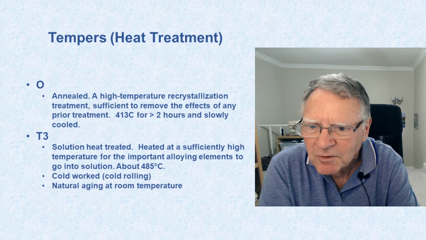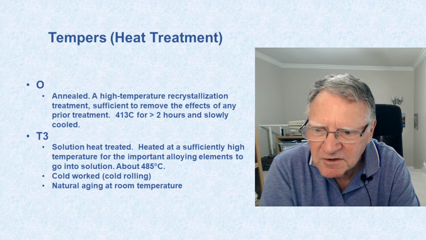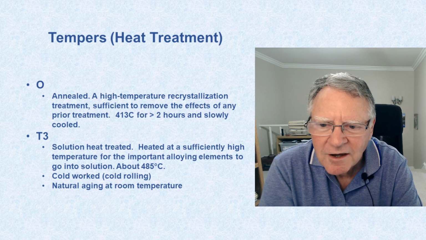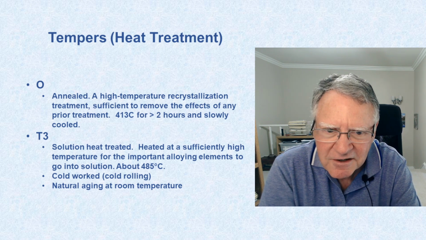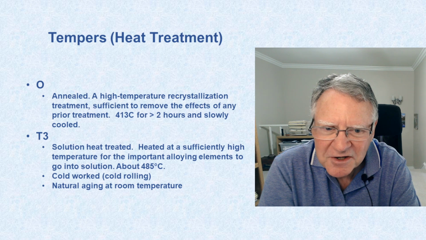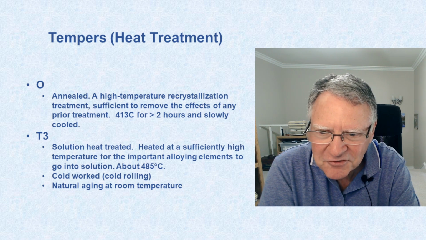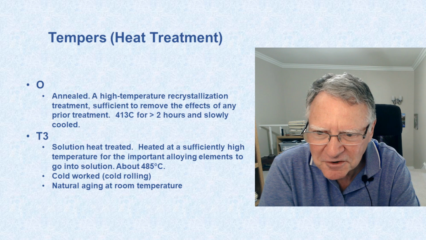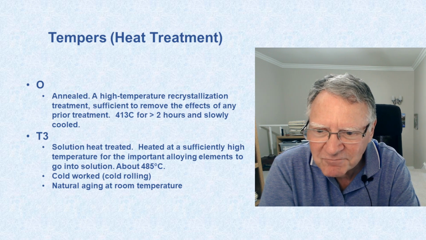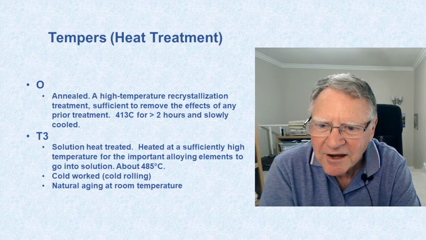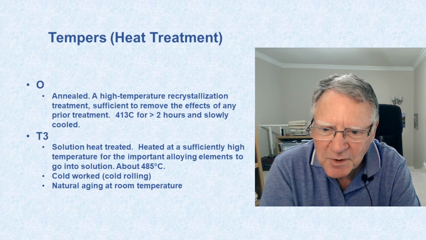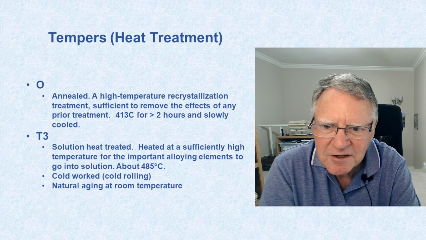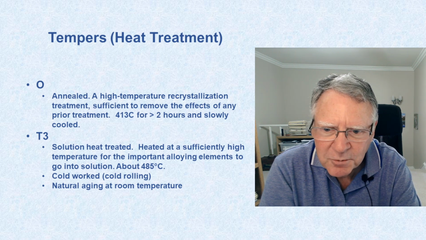The T3 alloy has a significantly different heat treatment. It's solution heat treated, and it sounds like it's heat treated in a liquid, a solution, but that's not the case at all. It's heat treated in a furnace in air. And what happens is you heat it up to about 485 degrees C, and that's hot enough to dissolve all of the impurity elements that you've added.